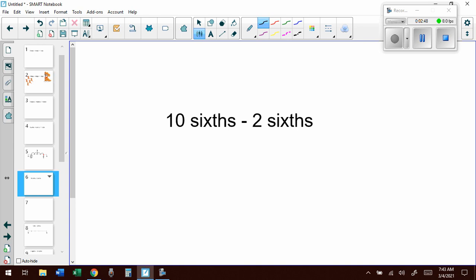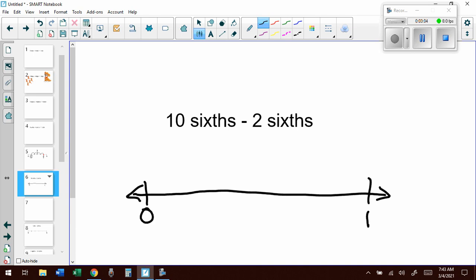Let's look at this one. 10 sixths minus 2 sixths. This one's just a little bit different. So we're going to look at this on a number line. So right here, we're going to have ourselves a handy-dandy number line drawn out from 0 to 1 and partitioned into 6.